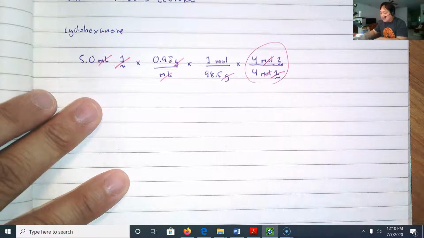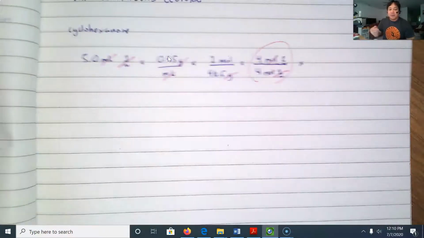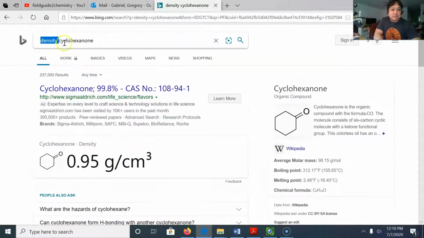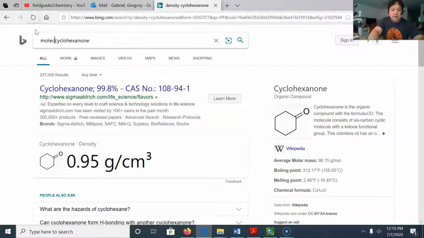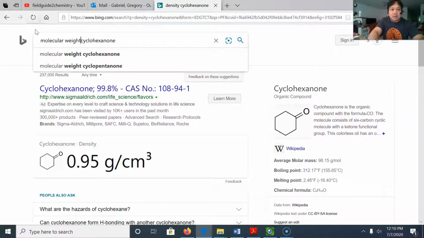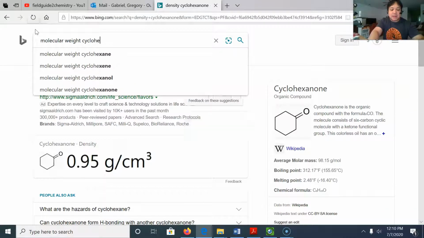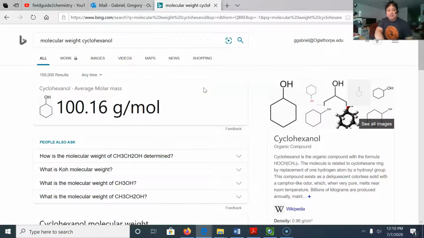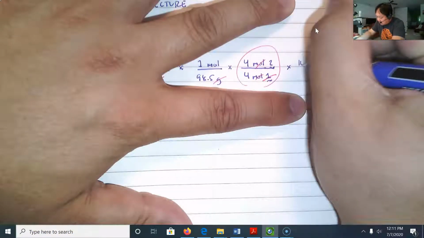So here, the last term, you're going to put the molecular weight of the product, cyclohexanol. In Gen Chem, they call this molar mass. Cyclohexanol, 100.16.